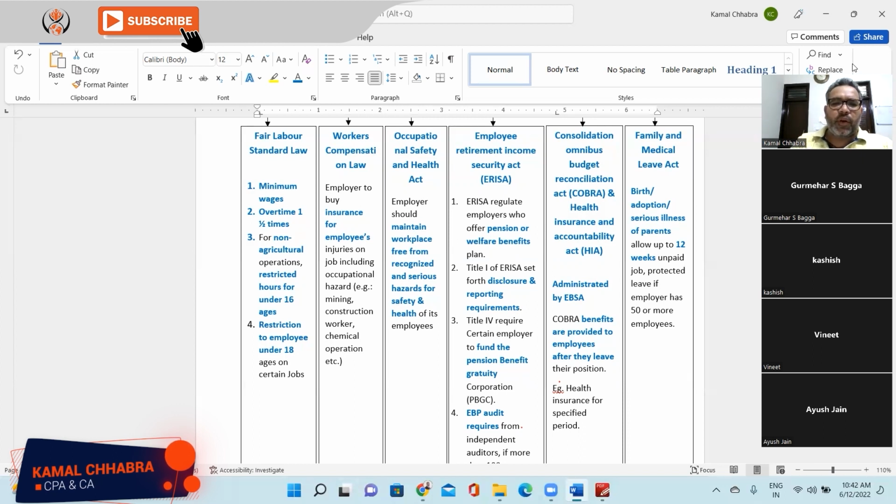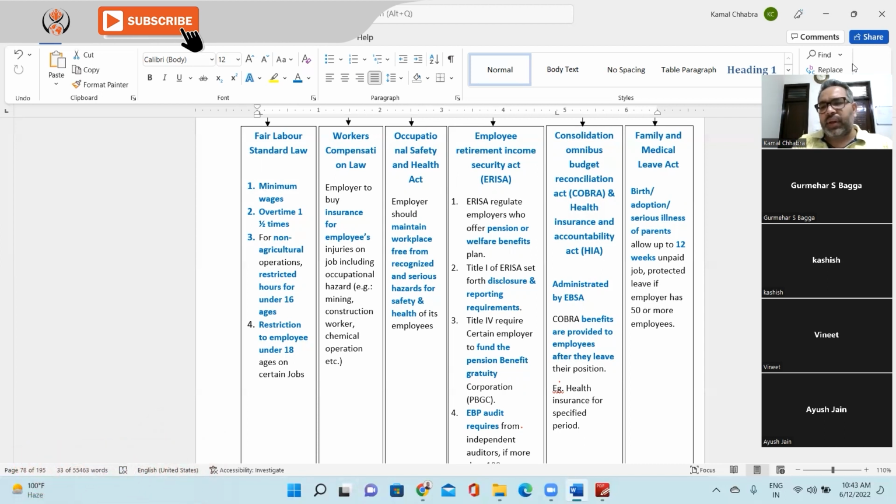Next, for non-agriculture operations, there are certain restricted hours for labor under the age of 16. Under the age of 16, labor can work in the agriculture field, which is allowed in the US, but in non-agriculture they cannot work for more than 6 hours.